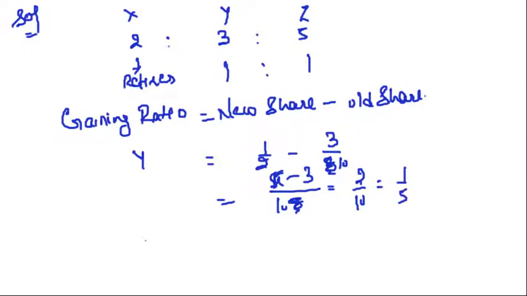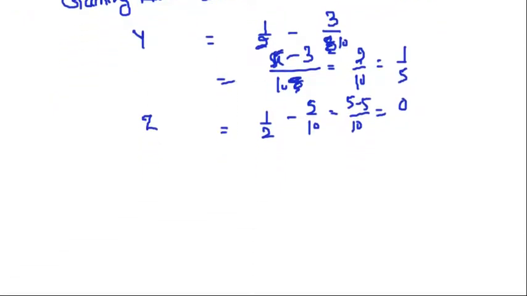Now for z, what is the new share? 1 by 2. What is the old share? 5 by 10. 5 minus 5, 0. So that means z is not gaining on the retirement of x. It is only the y who is gaining the whole of share of x.